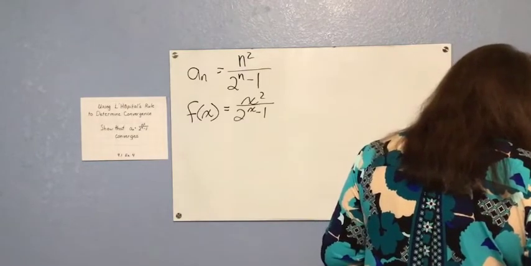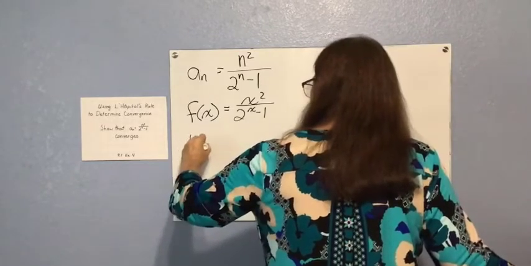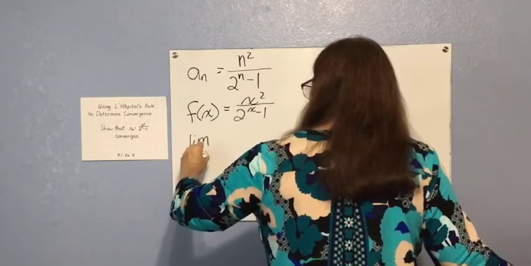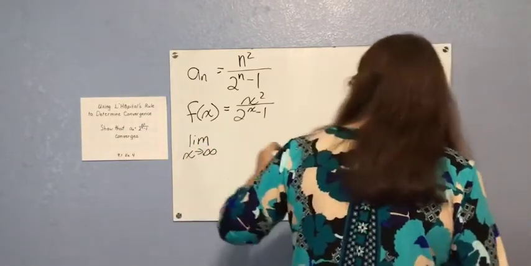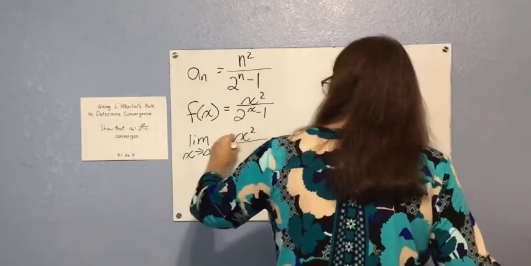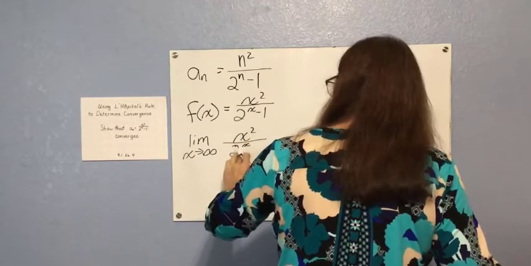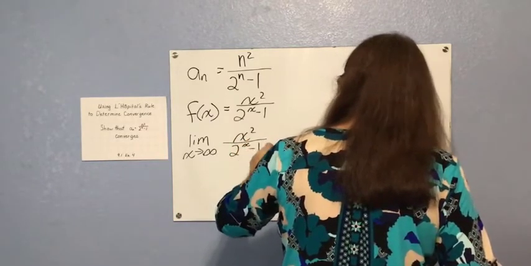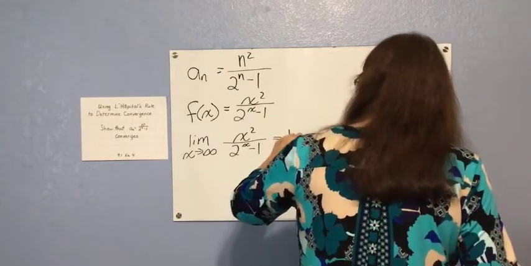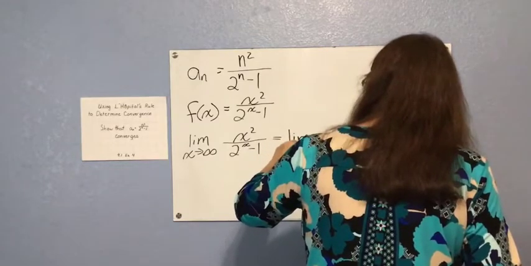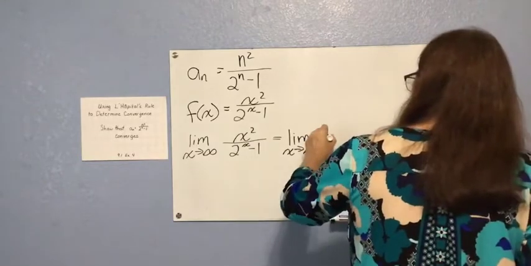we can apply L'Hopital's rule twice and say that the limit as x goes to infinity of x squared over 2 to the x minus 1 is equal to the limit as x goes to infinity. We're going to take the derivative of both parts.